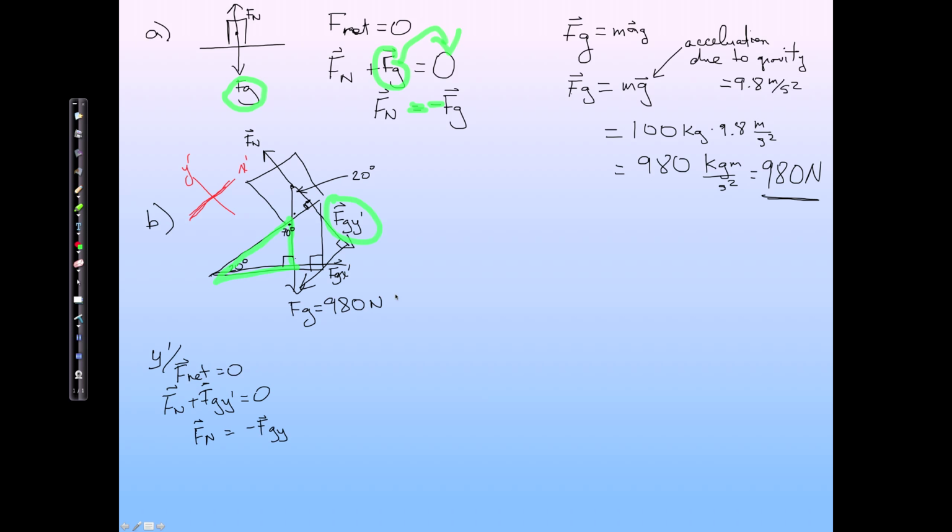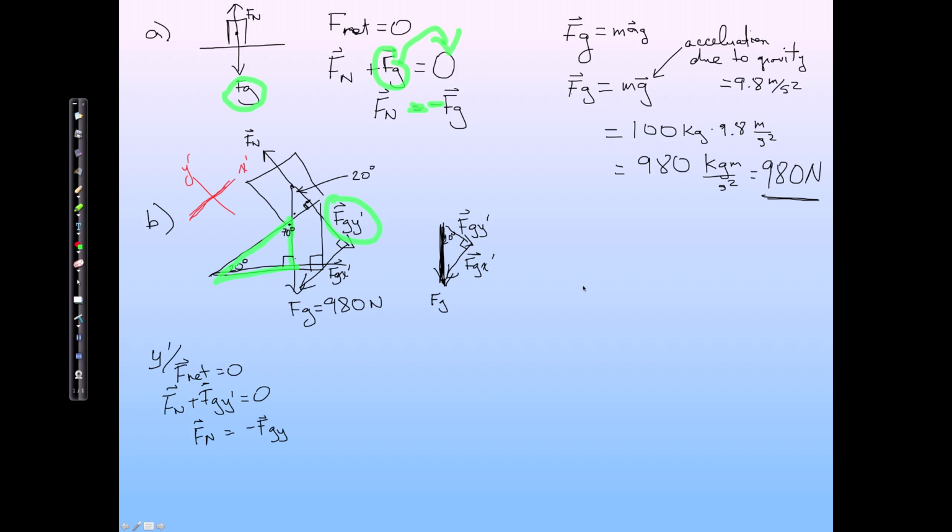Now, in this gravity triangle, we have FG, we have FG y prime, we have FG x prime. And this being 20 degrees, FG y prime is adjacent to the 20-degree angle, and FG is the hypotenuse in this triangle.